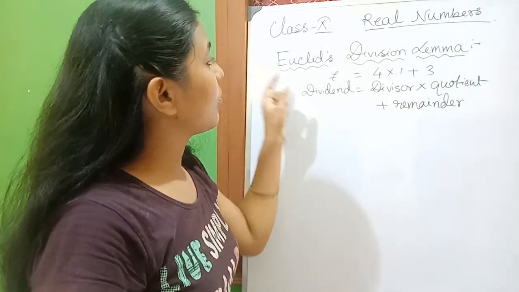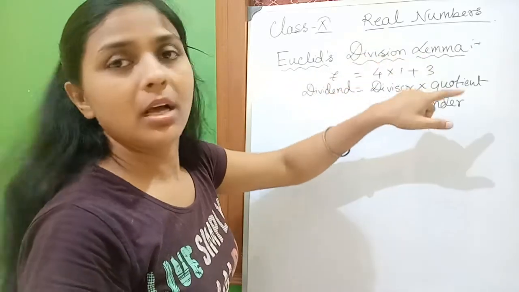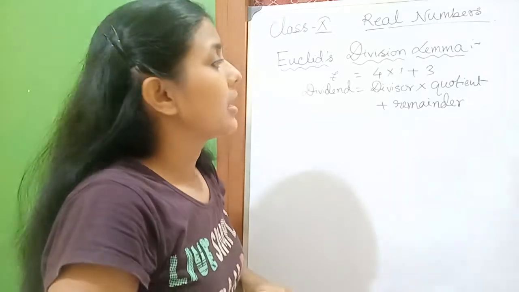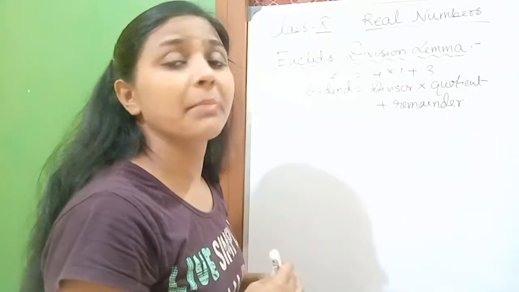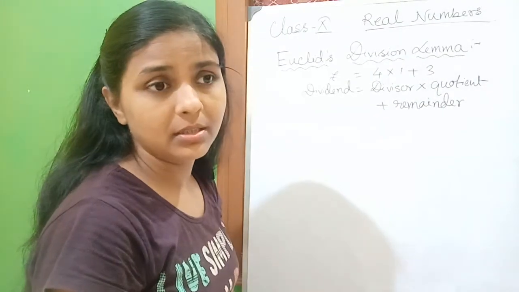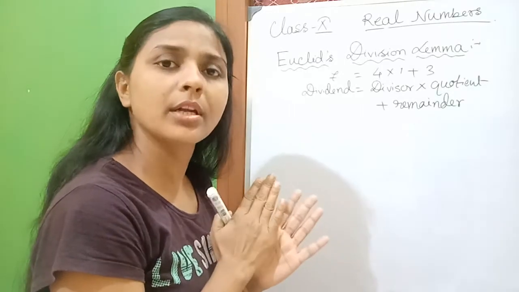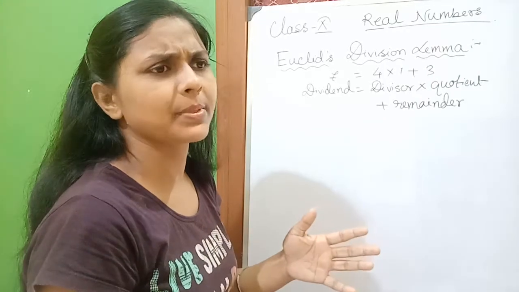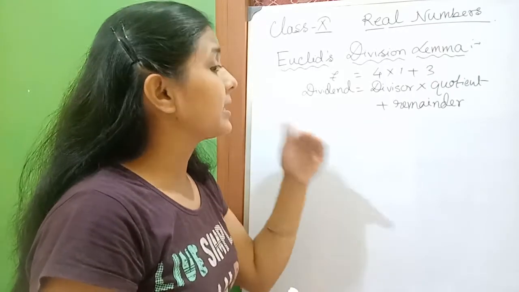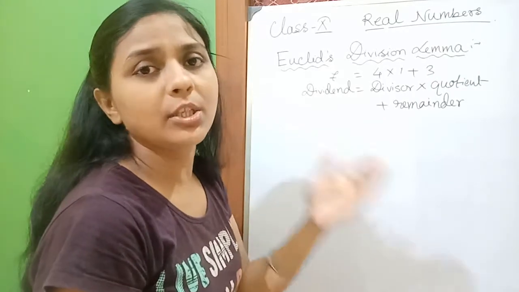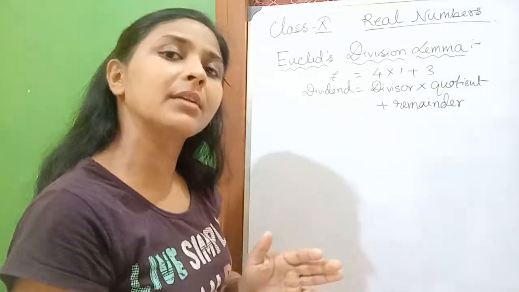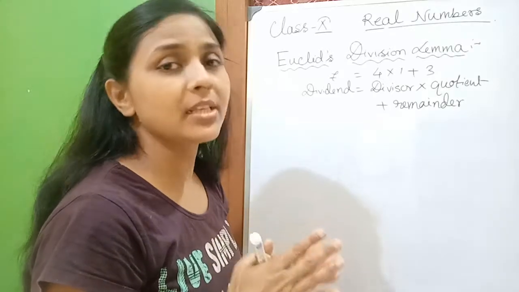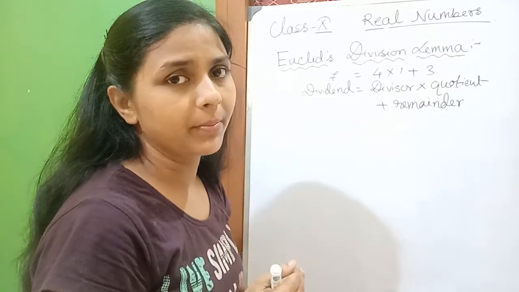Now why lemma? What does it mean by lemma? A lemma is a mathematical statement which is already proven by many examples, and it can be used for proving other mathematical statements, and that is called a lemma.